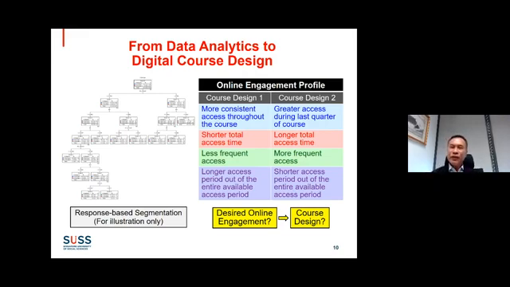So if you are a course instructor, you have to decide which online engagement profile is desired for your course. Do you want the profile that is associated with course design 1, or the profile that's associated with course design 2?